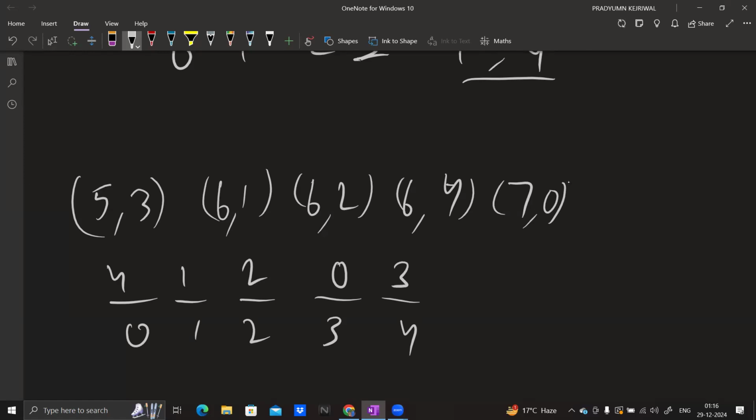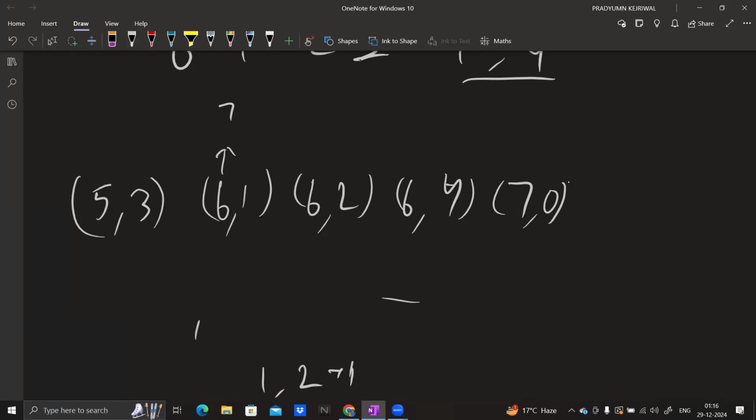So let's say the query comes like 1 comma 2. So 2 means 1, because the input is one indexed and we are using 0 index. So it is asking to increase this element, which is at position 1. So it is asking to increase this 6 to 7. To do that, we will just swap.